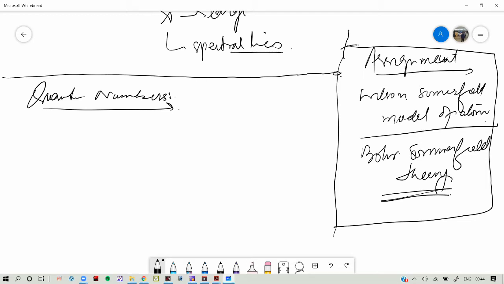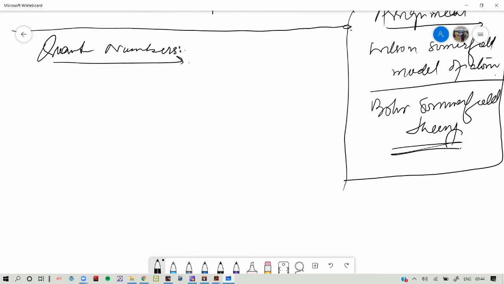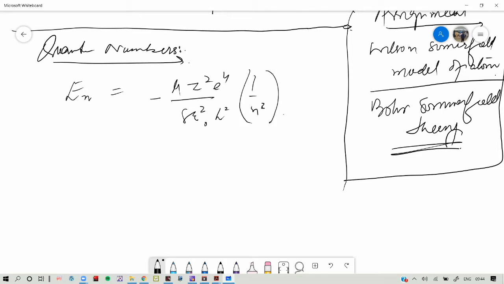If you see Bohr's theory, when you find the energy of the nth orbital, En is minus mu z square e to the fourth divided by 8 epsilon naught square h square, times 1 by n square. This epsilon naught is actually for vacuum. You find that this n is 1, 2, 3, a positive integer, and E varies when we change the value of n.